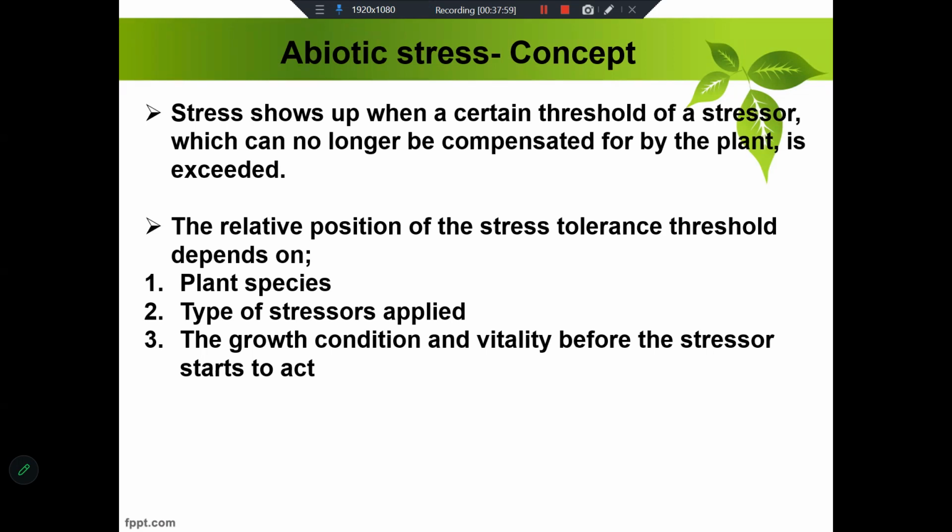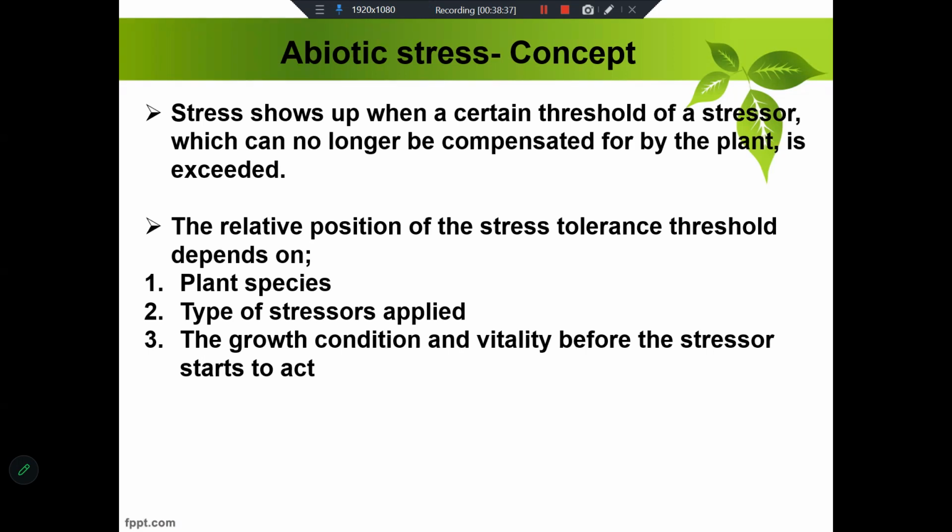You cannot compare that plant with the same species growing in normal condition. Normal means optimum condition. So you have to think about the present growing condition of the plant to determine whether the new condition is stressful or not. Once you compare those two, then you can get an idea whether the new condition is a stressful condition or not.